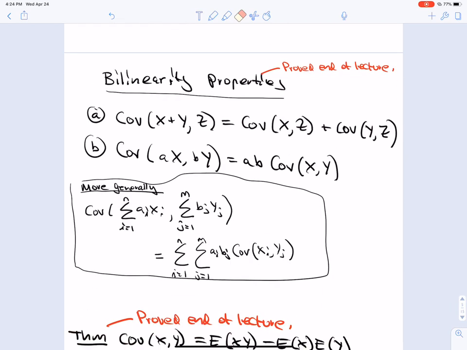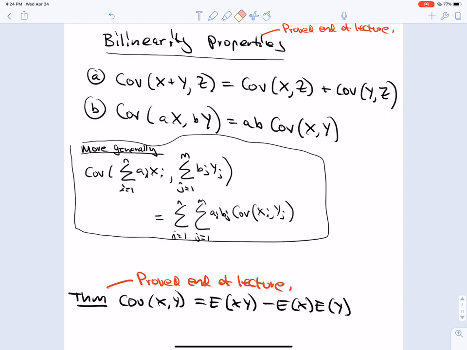So there are certain bilinearity properties. We have the covariance of X plus Y, Z is the covariance of XZ plus the covariance of YZ. The covariance of aX, bY is ab times the covariance of XY.